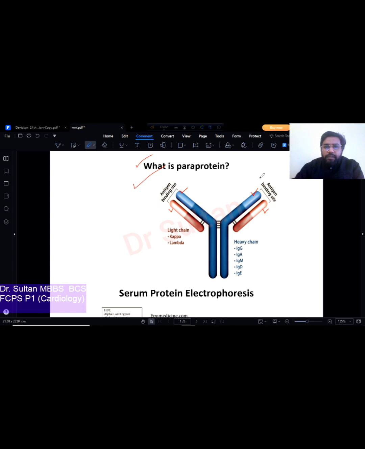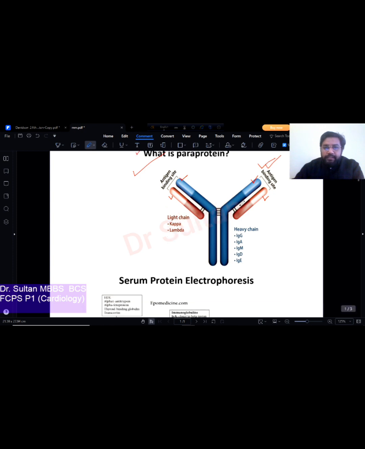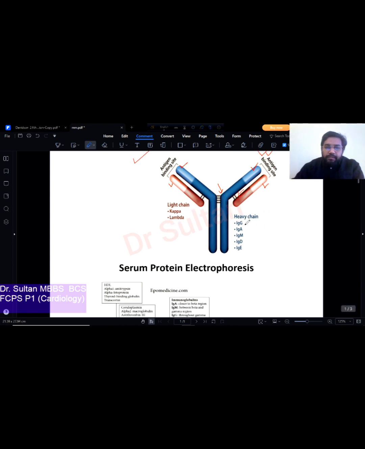This is a normal immunoglobulin, and you see they are connected with some bond here. The heavy chain can be of IgG, IgA, M, D, and E, and the light chain can be kappa and lambda.